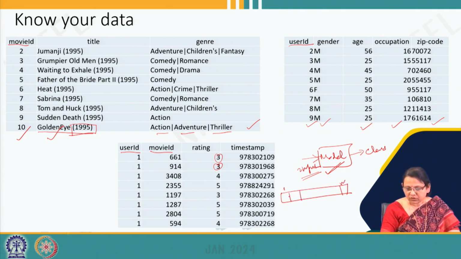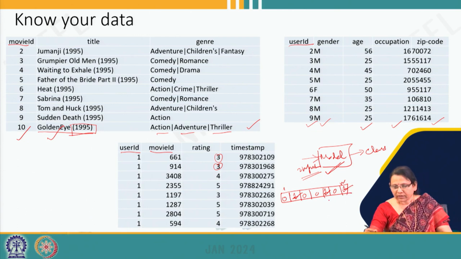Wherever it is 1, let us say this belongs to adventure, this one belongs to children's movie, this one belongs to fantasy. So, we will make this 1, this 1, this 1, and the rest will be zeros. That is how we will make a vector to represent genre.